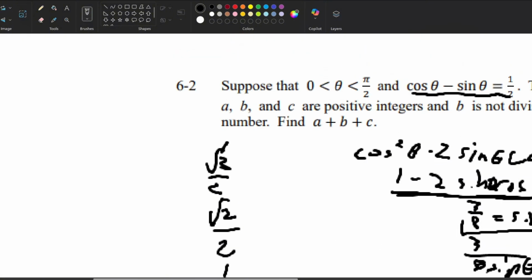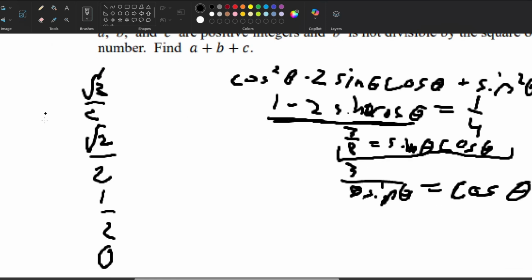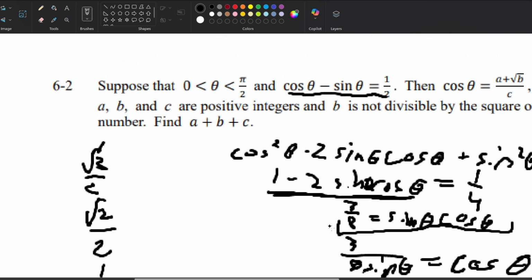But here, this is something plus something, so that's likely 1/2 plus square root 2 over 2, or this plus that, I'd say. But how would I get cosine is equal to that? That's my question.